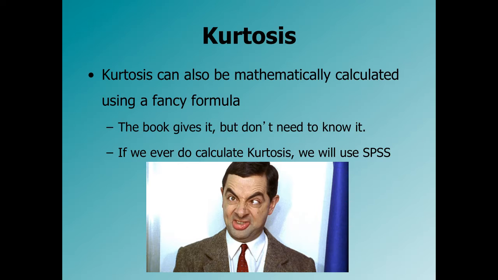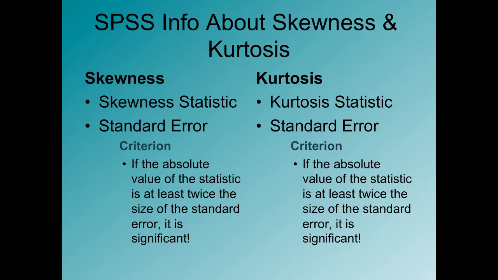Now, how do we calculate kurtosis? Your book has a very fancy formula that I definitely do not want you to memorize. You don't have to even read about it. You can just skip through that section. Instead, when the time comes, we'll use SPSS to calculate it. So do not worry about it because SPSS does a wonderful job calculating both skewness and kurtosis.